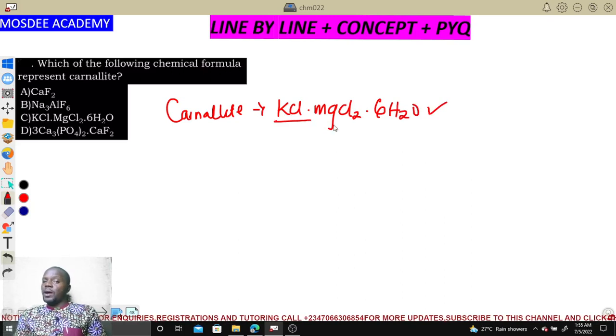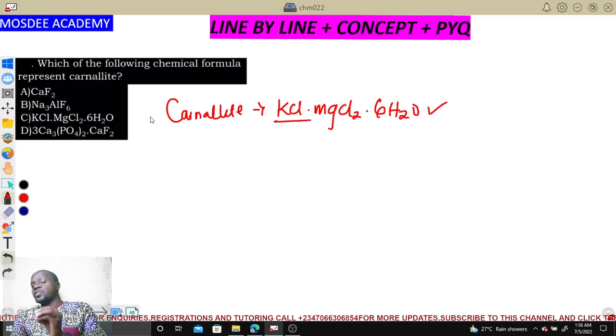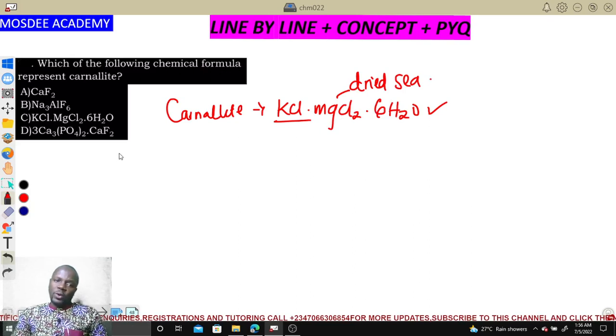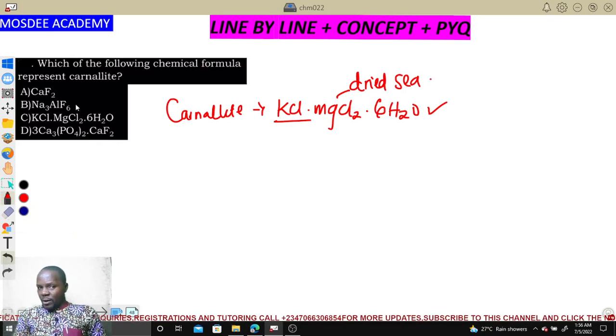So potassium chloride, magnesium chloride with 6 molecules of water, and this is the composition of what we call dried sea. It is found in dried sea. So always keep that at the back of your mind. So that is carnallite. Which option goes with this? Now you know this is fluorspar, this is cryolite, this is carnallite, and this is what? Fluoroapatite. Please keep it in mind. You have to follow me line by line to understand all the concepts in there.